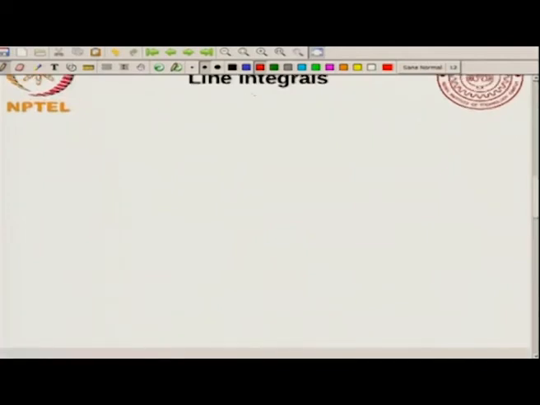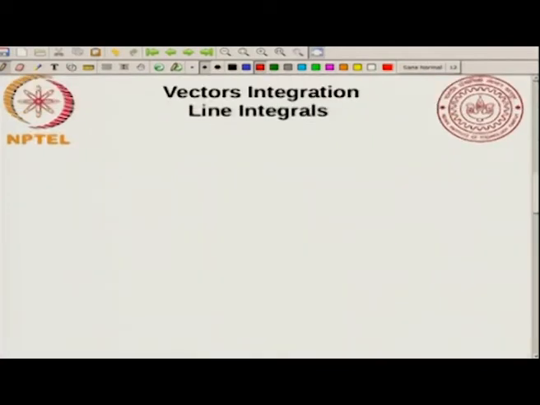Now, it turns out that there is not just one way of defining line integrals, there are a few different ways of defining. Ultimately we will stick to only one of them, but as I said, when we talk about functions of vectors, we talked about two kinds of functions. One was scalar fields and the others were vector fields.